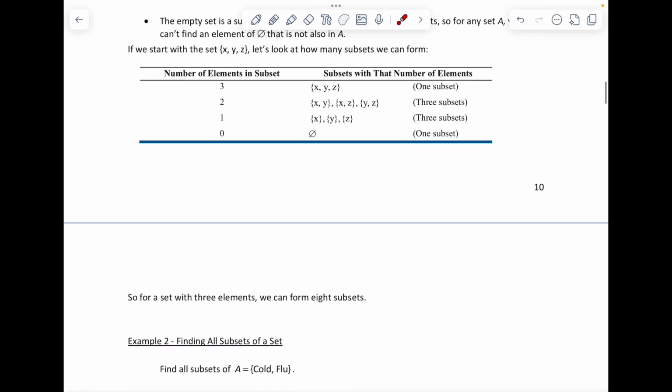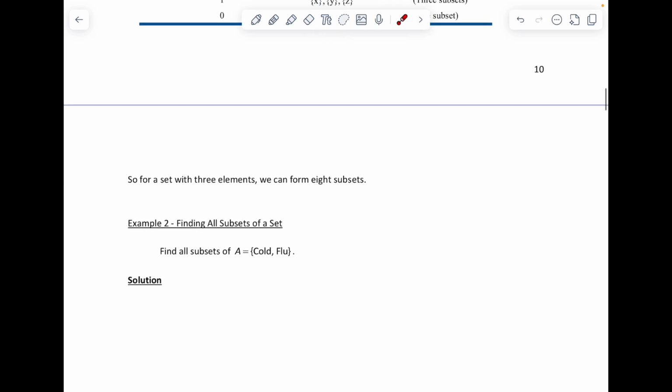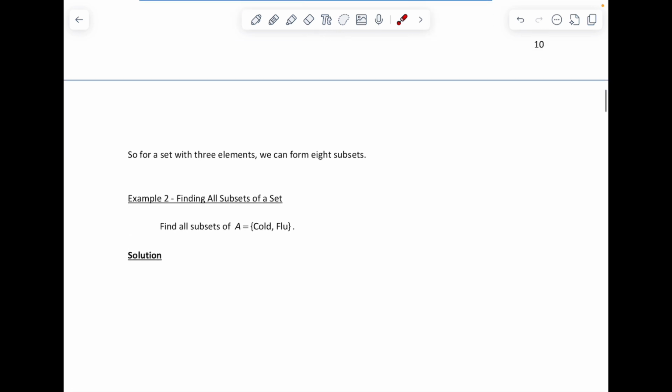Let's look at another example. Find all subsets of set A, which contains the words cold and flu. We'll list them down here. Well, the set itself is always a subset, so we can list that. Cold, flu.